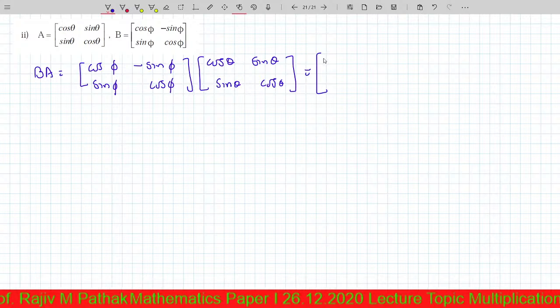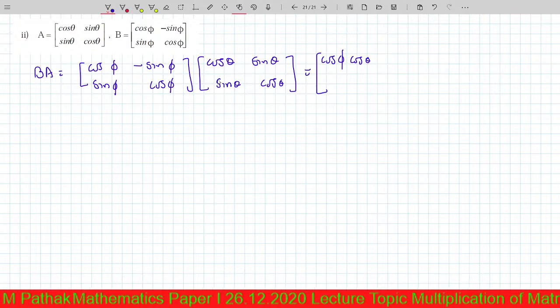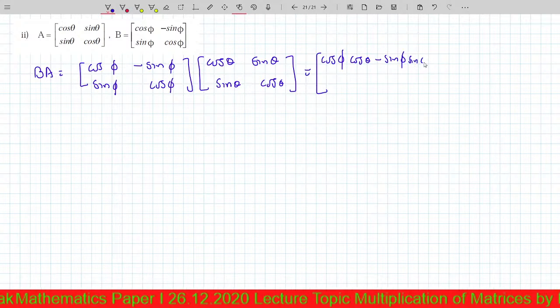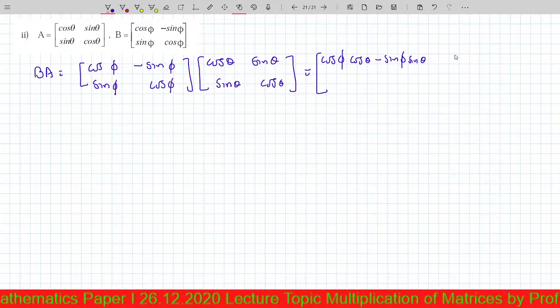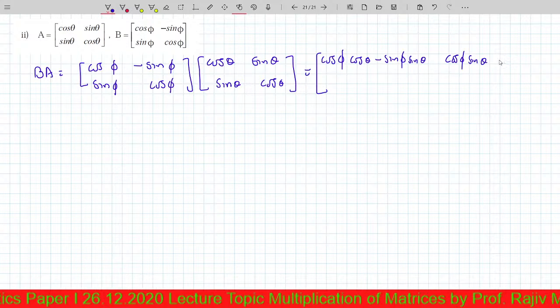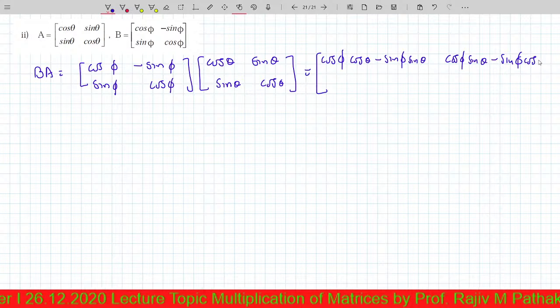Cos phi into cos theta minus sin phi into sin theta. Then cos phi into sin theta minus sin phi into cos theta.